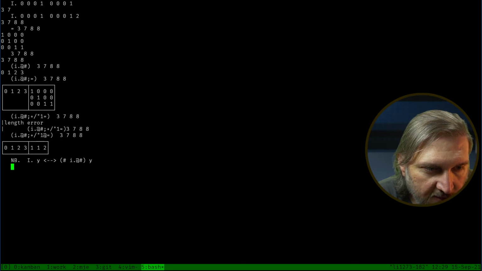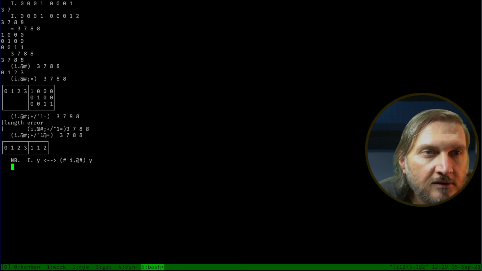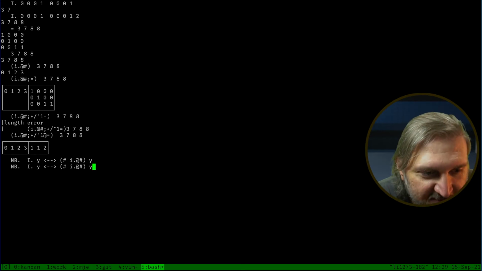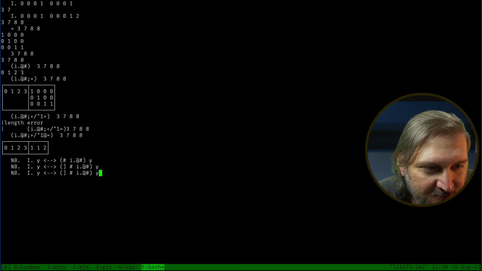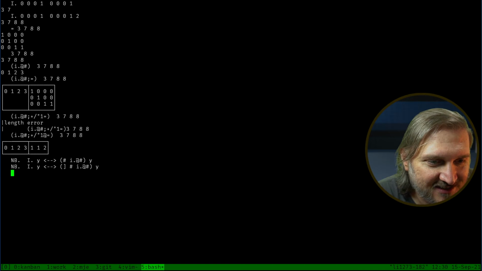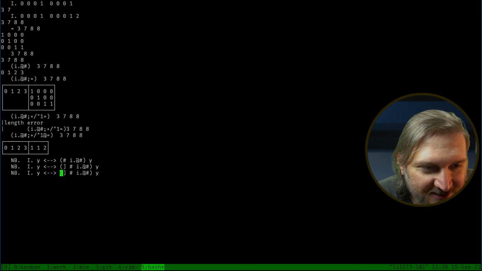IY is length of I. Which is a fork, so this is same as this, right? Right. So this is, for those of us who are hook challenged, not a fork, it's a hook.